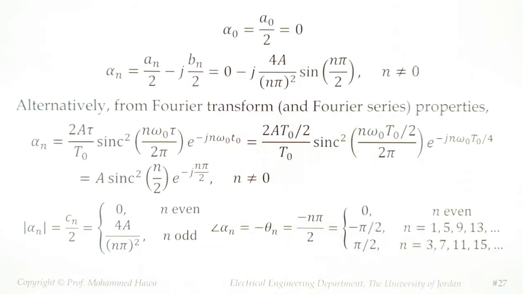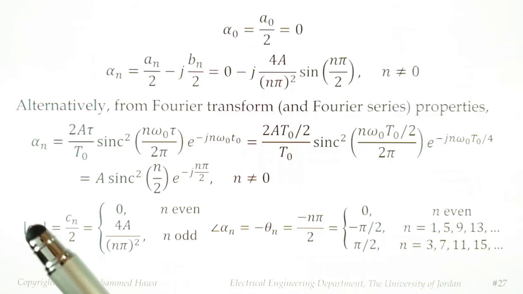That's why alpha naught turned out to be 0. But all the other alpha n's, alpha 1, alpha 2, alpha 3, alpha 4, are not affected by the amplitude shifting.